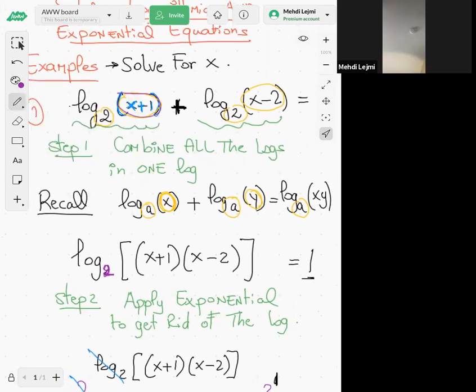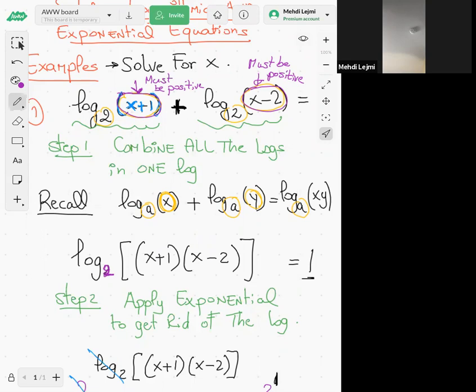So x plus 1 must be positive, because we can only apply log on positive numbers. And your x minus 2 also must be positive. This is your initial equation, so we have to make sure that your x plus 1 and your x minus 2 are positive.